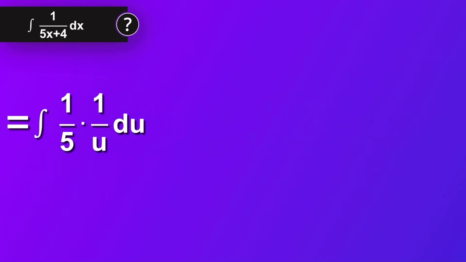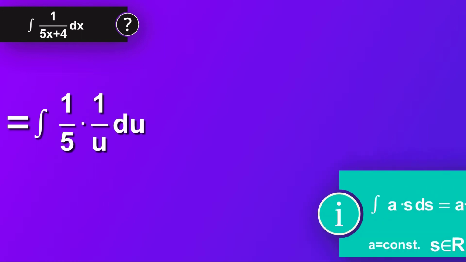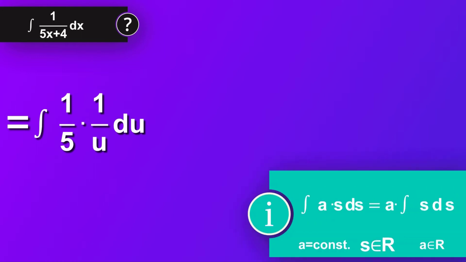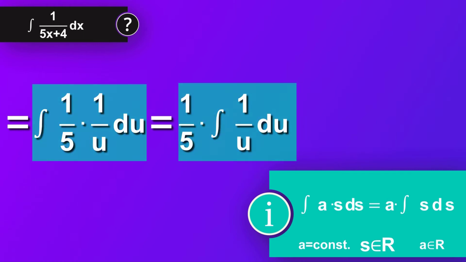Now, we try to modify our main equation to a form which enables using some known formula for solving the integral. First, knowing that the integral of a multiplied by s by ds, where a is some constant, equals a multiplied by the integral of s by ds, we may apply it to our equation. In our case, s is 1 divided by u and a is 1/5.